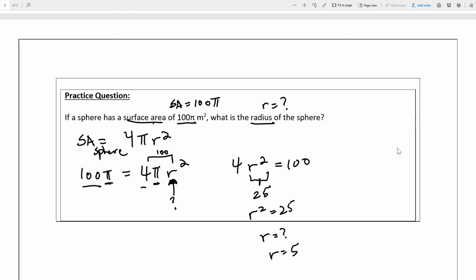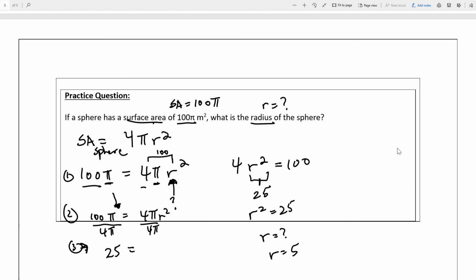So let me just show you how we would formally get the r here. In the next step, we would have to divide both sides by 4 pi, because we want to isolate the r. 100 pi divided by 4 pi is 25.